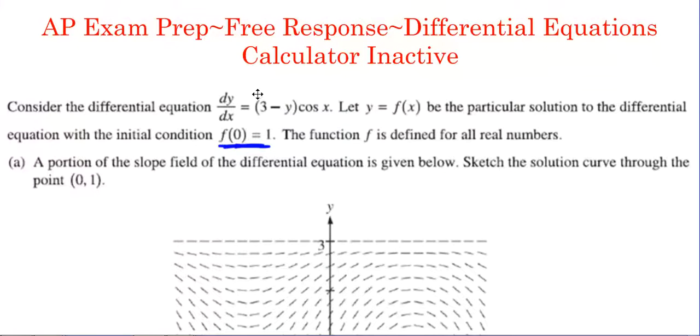Something I want to note before we even get into the problem: look at your differential equation. It has y and it has x. So at some point in time, you're probably going to have to separate variables, possibly. I don't know what this question is going to ask, but keep that in the back of your mind. When x and y are blended, you may have to separate them.